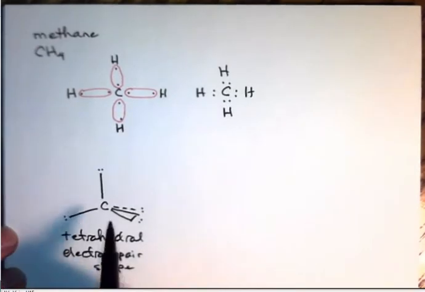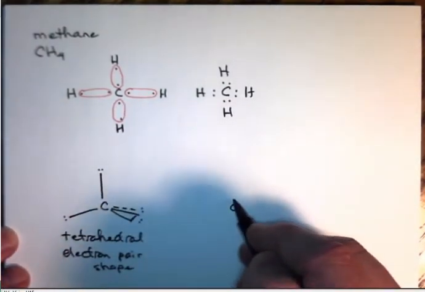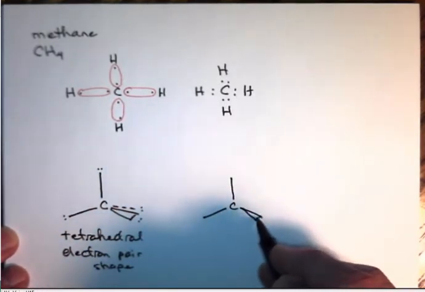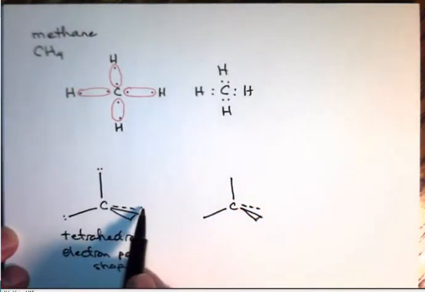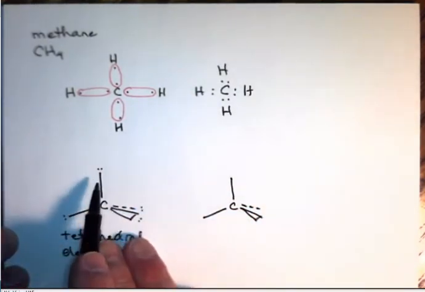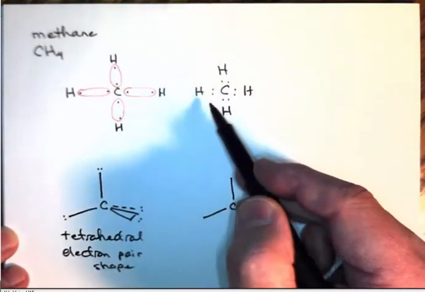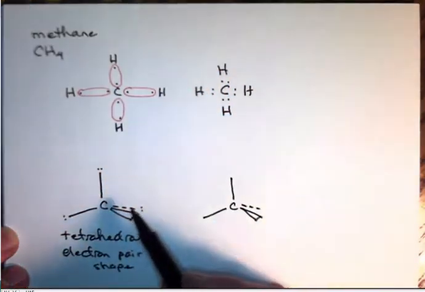The next thing to do is to redraw exactly that same drawing. But we're going to replace the sets of electrons in this drawing that correspond to shared electrons up here, replacing them with the symbol for the atom.